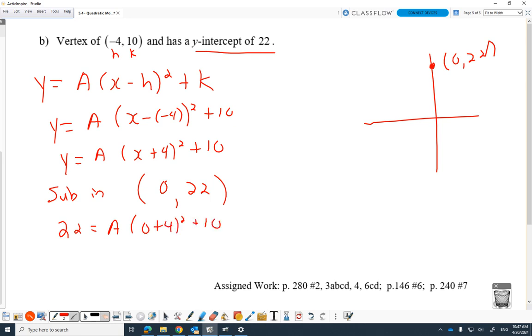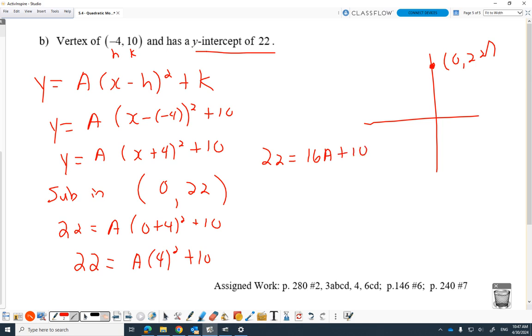Looks bad. It looks bad. But it's not bad. Because what's 0 plus 4? 4. So it's 4 squared. So I get 22 equals 16a plus 10.